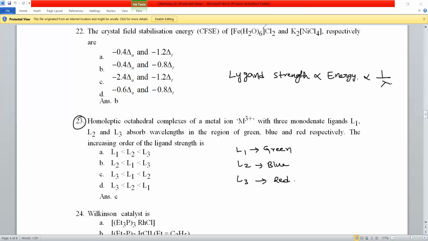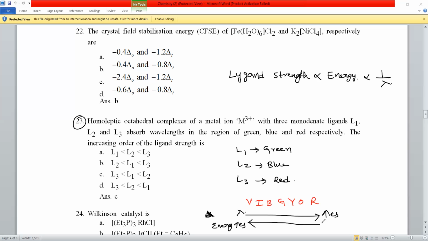Since we know very well VIBGYOR, the lambda values from violet to red, the lambda value increases. Then from red to violet, the energy values increase. Lambda increases this way, energy increases that way.